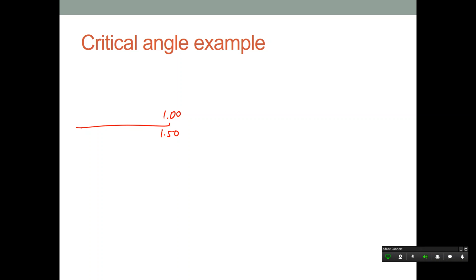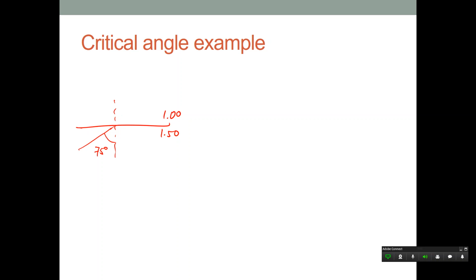So let's say here, I have an angle of 75 degrees. I want you to draw for me what the refracted ray is going to look like.